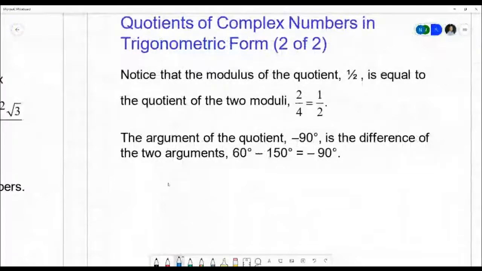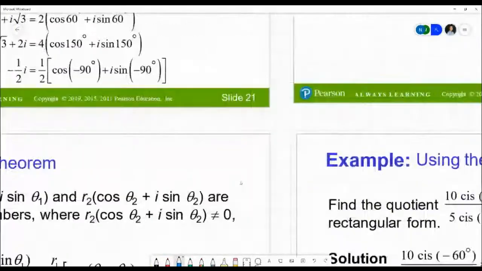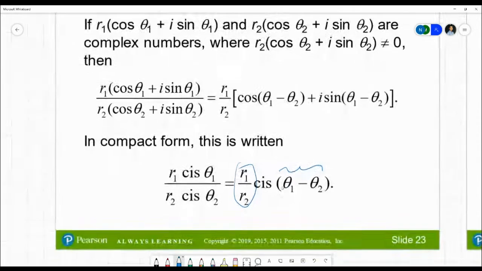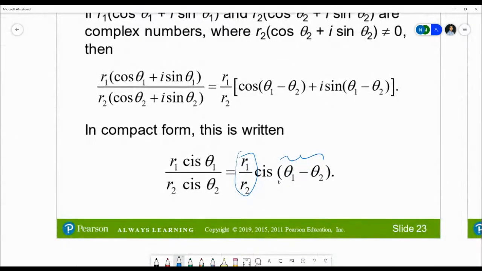So therefore, in order to divide, our quotient theorem is basically just subtraction of the angle, whereas for multiplication, we add them and we multiply our modulus. Professor, isn't this kind of similar to what we learned in logarithms?